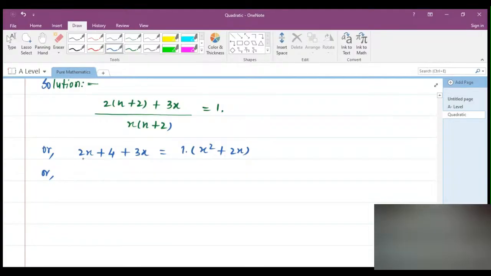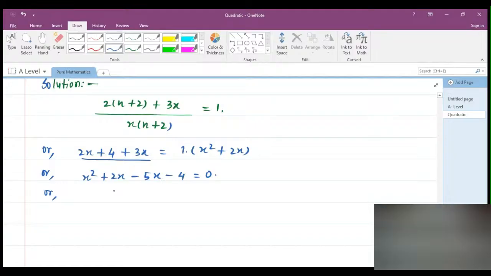So we move this term to the right hand side, then we get x square plus 2x, and here 2x plus 3x equal to minus 5x, and plus 4 will be minus 4 equal to 0. Hope that there is no problem to understand up to this step.